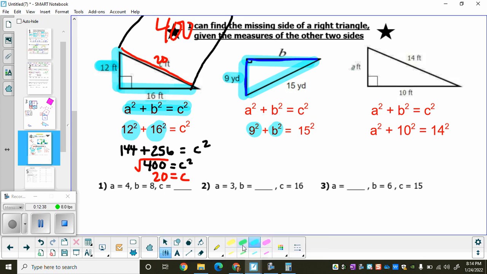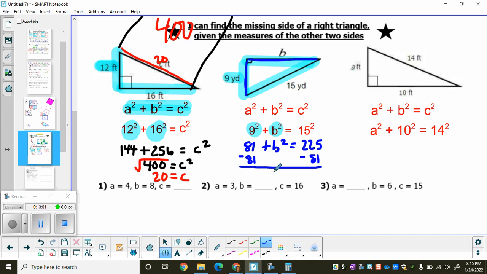All right, now we just need to do the math. So we know 9 squared is 81, and we know 15 squared is 225. Now this time to solve, we actually need to subtract. We're going to subtract 81 from both sides.